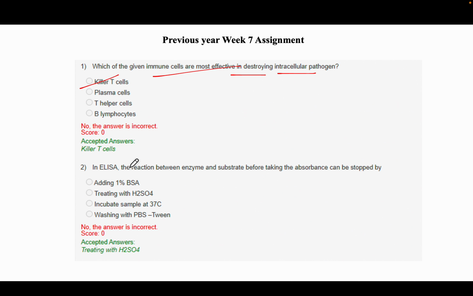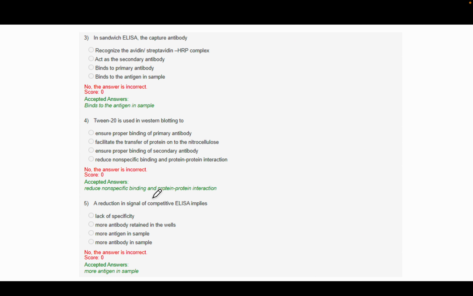In ELISA, the reaction between enzyme and substrate before taking the absorbance can be stopped by treating with H2SO4. You have just read that the reaction you can stop by adding sulfuric acid or H2SO4.